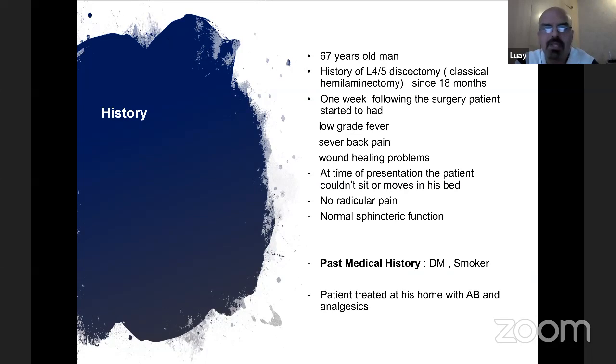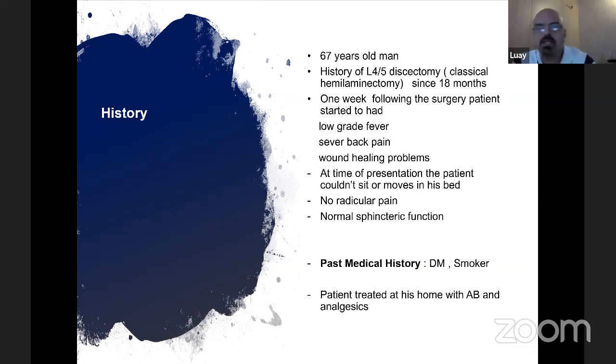He had a history of 1 week following the surgery, a growing low back pain with low-grade fever, and wound healing problems. At time of presentation, 18 months from the surgery, the patient cannot change his position in his bed, cannot sit, cannot move any more from the bed, and surprisingly has no radiculopathy and has normal sphincteric function.